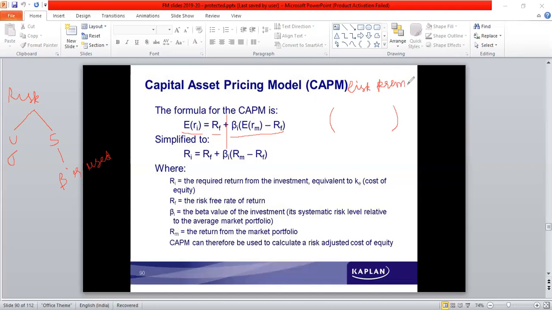That is the risk premium, the premium which is paid because of taking up risk over and above the risk free, because they are investing in some other investment from the market. So the difference between the return which they are earning by investing in the market and the risk free return is called risk premium.